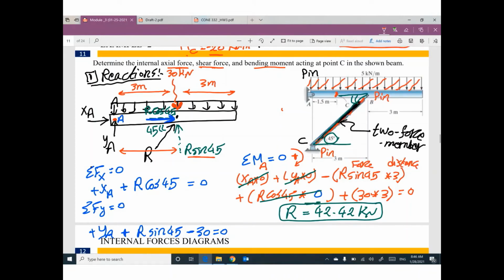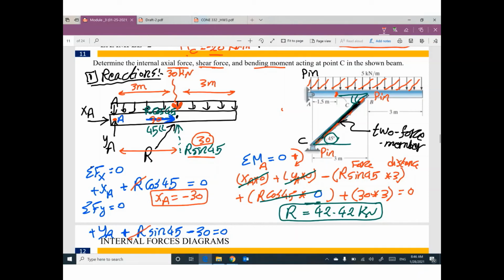So 42.42 times sine 45, this vertical component will be 30, and this horizontal one will be 30 also. If you go back and put R 42.42, XA will be negative 30.